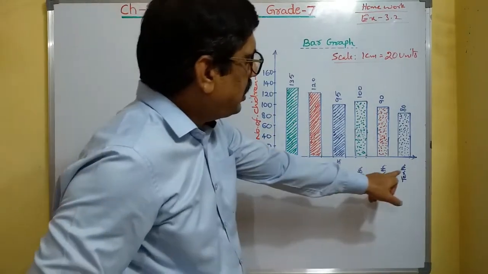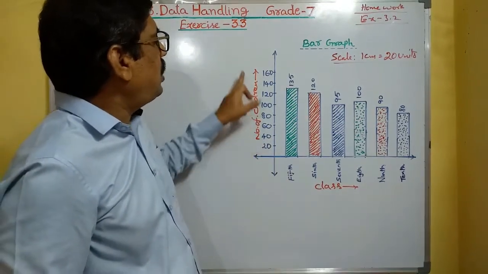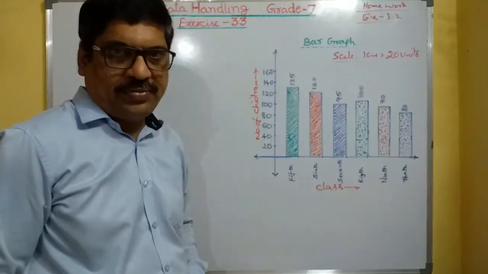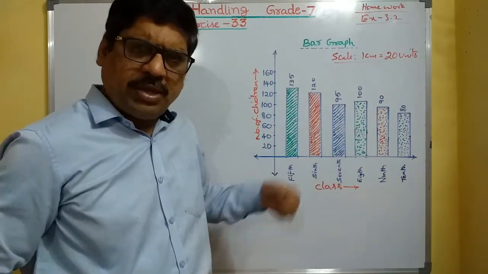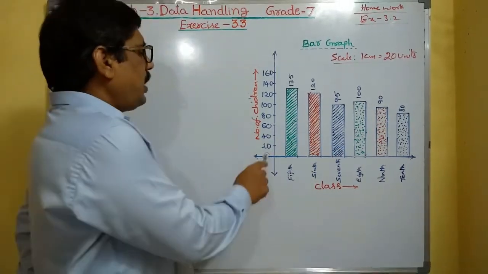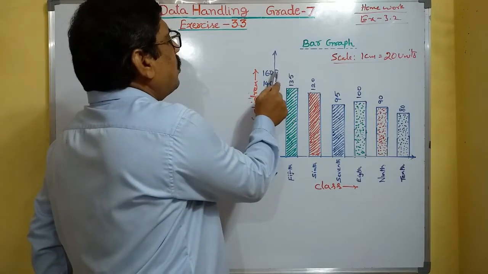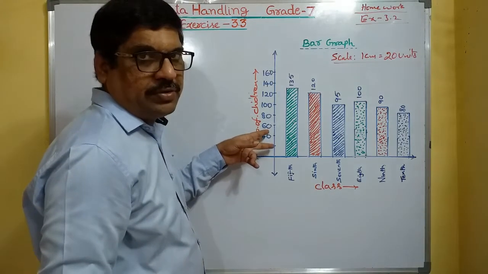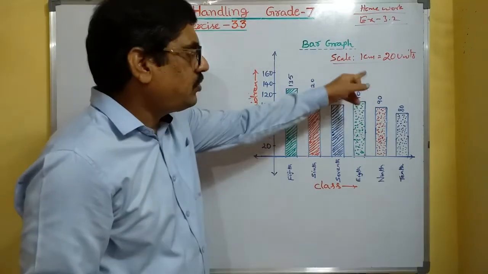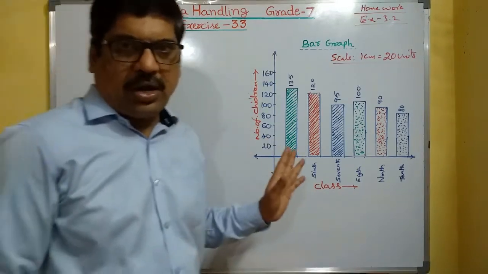I have taken the classes on the x-axis and the number of children on the y-axis. You can draw this bar diagram on the graph sheet. On the y-axis I have taken 20, 40, 60, 80, 100, 120, 140, 160. The gap between two values is 20 units. 1 centimeter I have taken as 20 units. Like this we have to draw the bar graph.